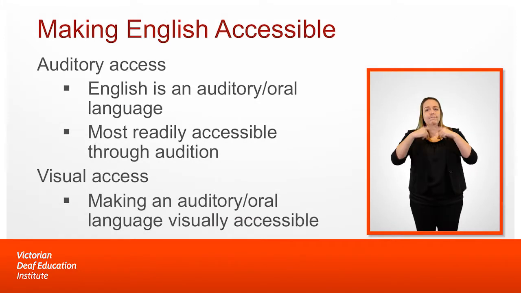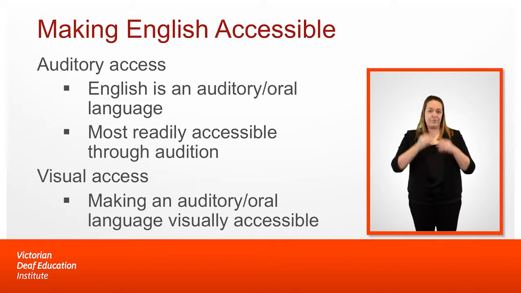However, it would be foolish for us to stand here and say that technology is so wonderful, we're done, we've sorted it. Every child now has perfect auditory access to English. That is also not the case. We still need to consider visual routes to support English language acquisition.